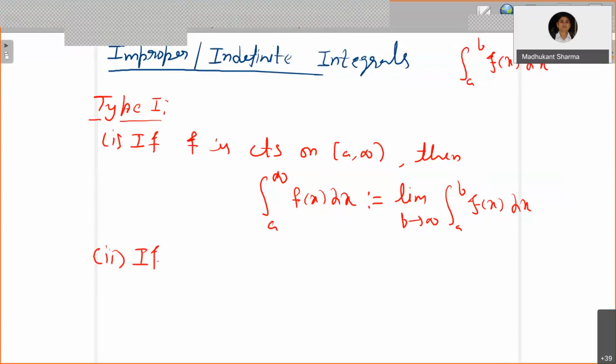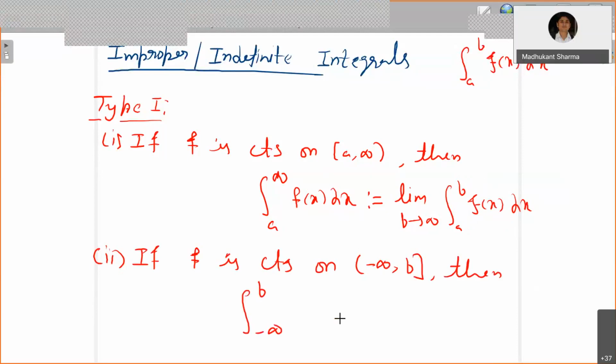Now, similarly, if f is continuous on minus infinity to b, then integration minus infinity to b of f of x dx is defined as the limit as a tends to minus infinity of integration a to b of f of x dx. In a similar manner, you will do that.